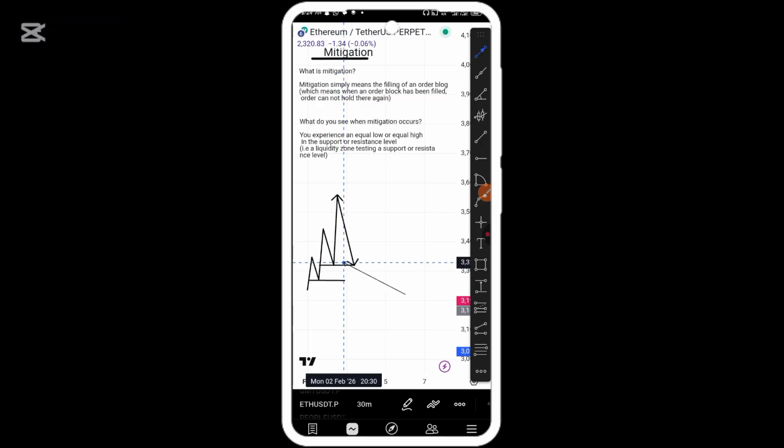Now once this happens, it shows that those who placed orders here, this particular line has come to fill their order. Let me show you, before I end this, how to create position within a mitigation order block. Some persons will place their order here. Some persons will place orders here.